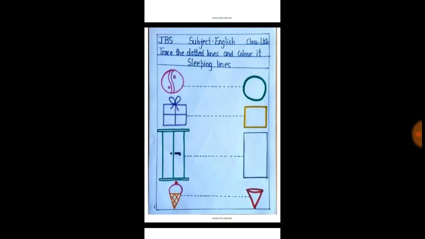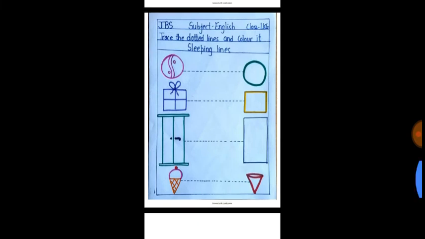Or you can tell them about shapes like circle, square, rectangle and cone. With this, they can identify the shapes also, and tell them to match the same shapes and color them. Now move to the next one.